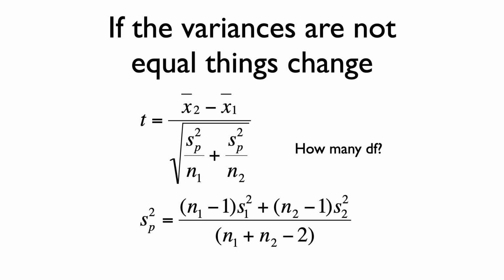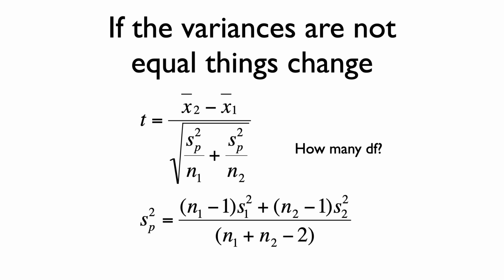How many degrees of freedom does this have? When you look this up in a t-table, which is what you do, or when SPSS or PSPP looks it up for you, how many degrees of freedom is this going to have? And it's general, obviously. There are no real numbers here. They're just n's and stuff. But how many degrees of freedom?